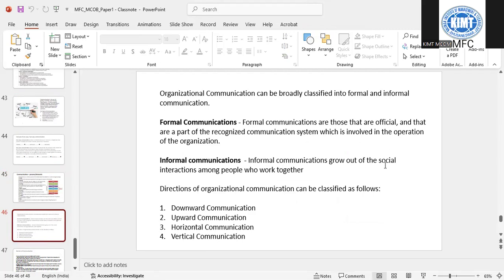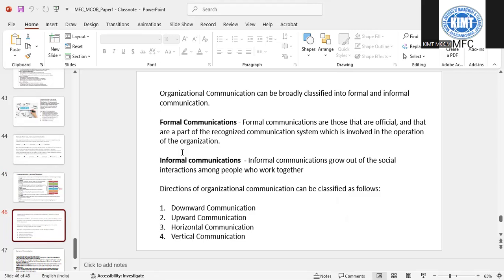Informal communication grows out of social interaction among people who work together. Right. So in an organization you have seen there are two types of communication, formal and informal. Formal is official communication, like an official letter or email. Informal communication is something you talk informally, like WhatsApp.